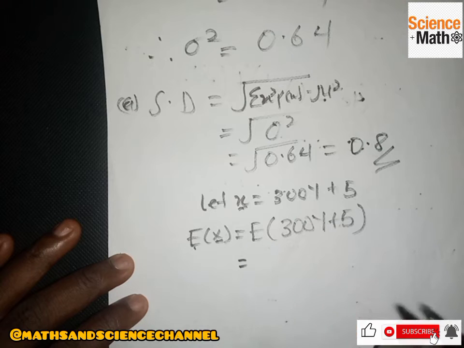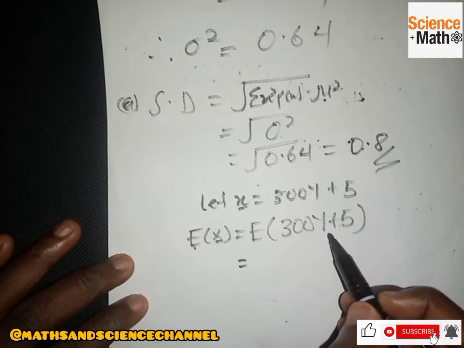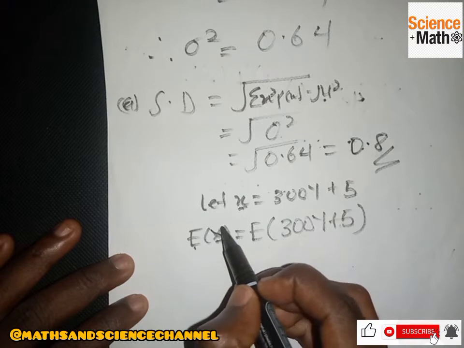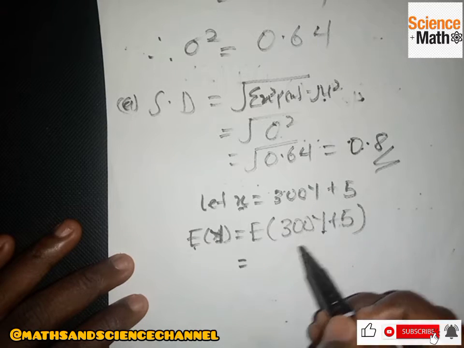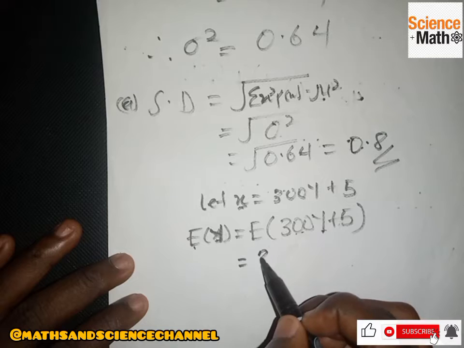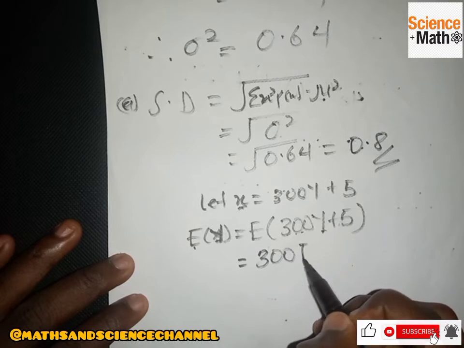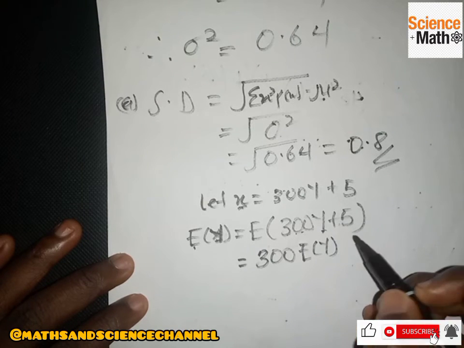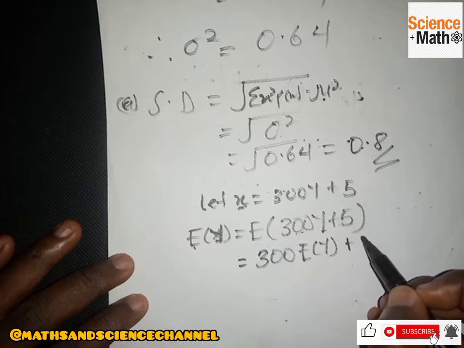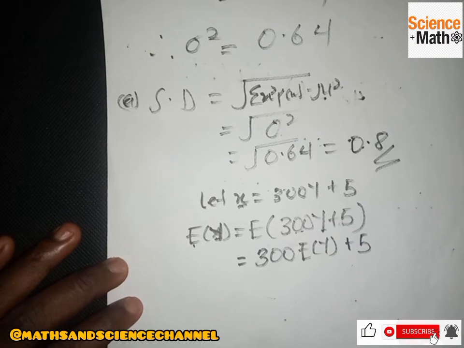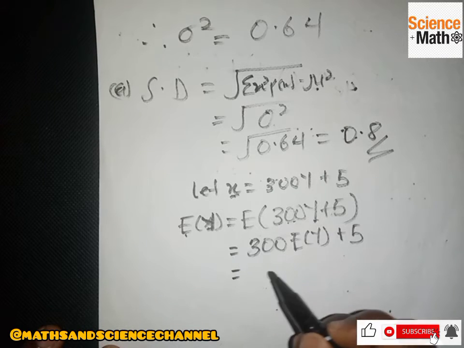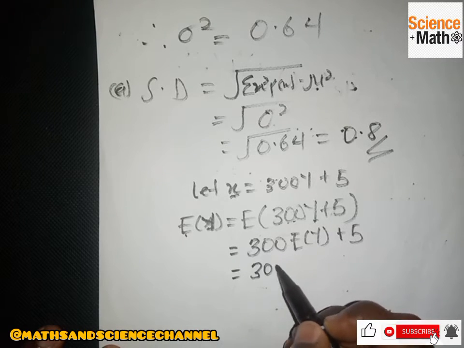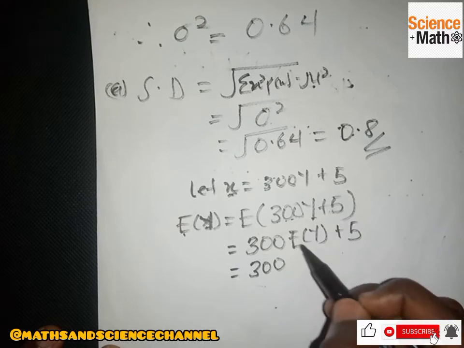So we have something like this, and then this is just properties of expectation or solving mean. The emphasis is on the variable we are looking at, the function depends on, which is y. So this is a constant, it comes out as 300, and then we have the expectancy of y plus 5. So this is just going to be equal to 300, and then what is the expectancy of y?